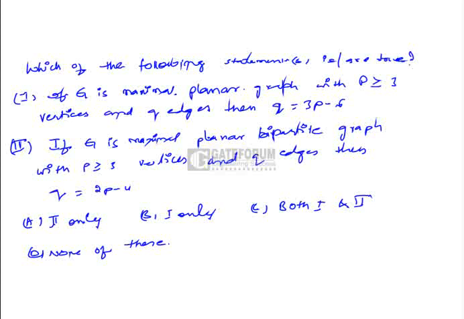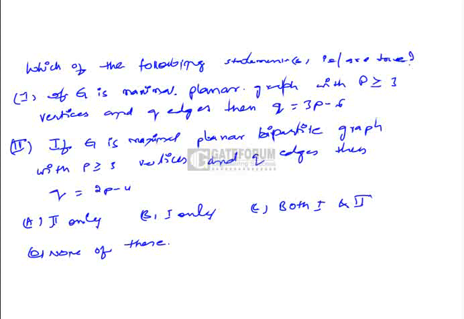Let us take a complete graph with 5 vertices, K5, which is non-planar, and if we remove any edge from it, it will be planar. And if we apply this result, that is Q, the number of edges, is equal to 3P minus 6, this statement will be true. And for the second statement, if we take K3,3 and remove one edge, even that will be true.